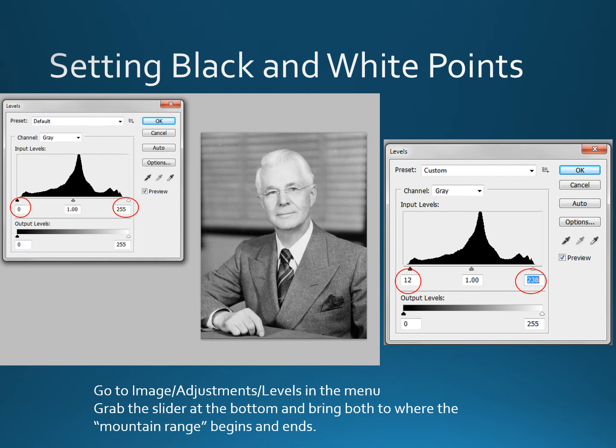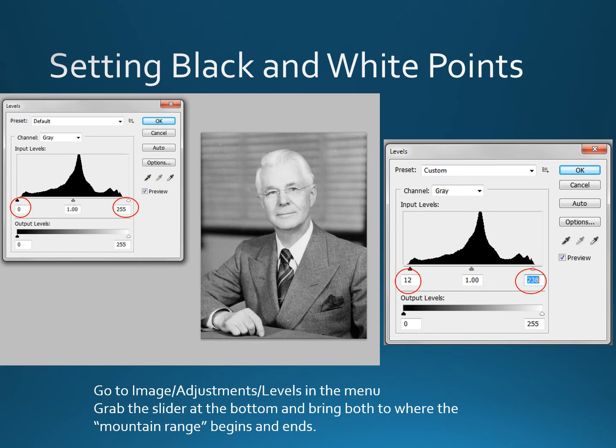So we go to the first kind of drop off here of the mountain, and you'll see that above the 12 in the right hand histogram, there's like a little line. And if we look over at the other end of this, where it's 238, notice that there's a little line there. And if they weren't covered up, you would kind of see that in this first histogram as well.